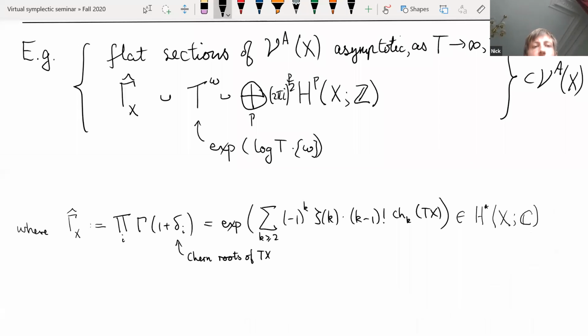This extra thing that we need to cup by, this gamma hat class, is some characteristic class of X. So it lives in cohomology of X with complex coefficients. So it's not changing this asymptotic behavior of t that we put in there.